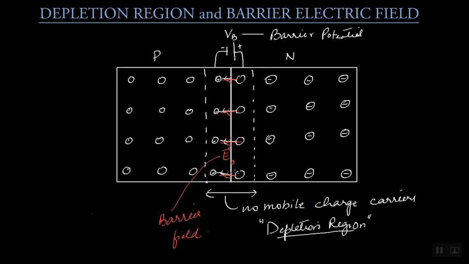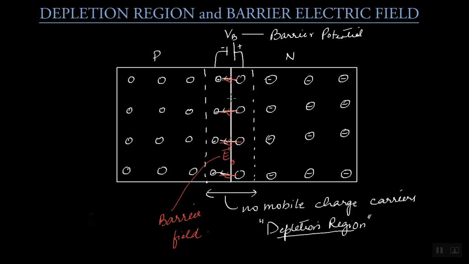Okay? So when the depletion region is formed, you can see here that the n side, where there are holes, has a positive potential because holes are positively charged, and these electrons have negative potential. So a potential difference is created across the boundary, and that potential difference is called the barrier potential.